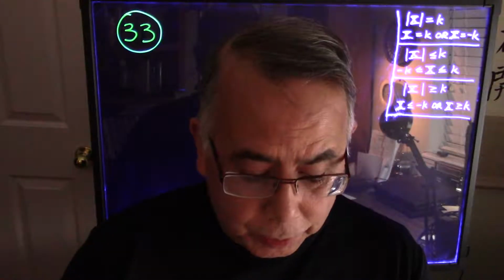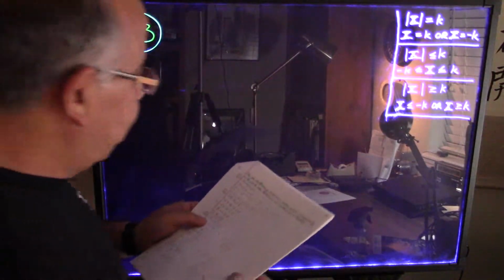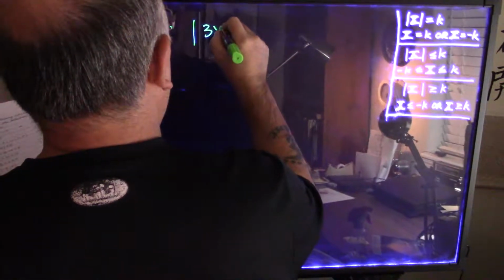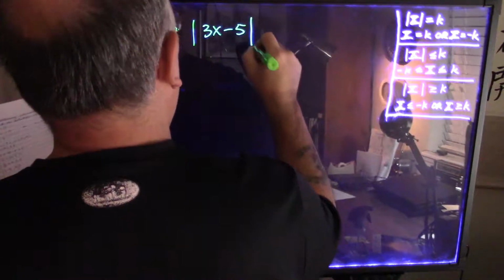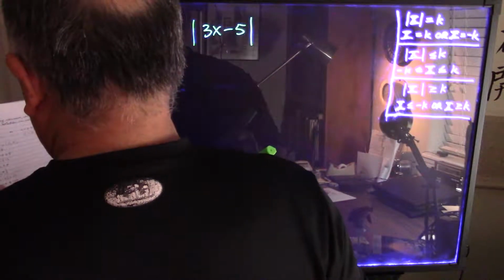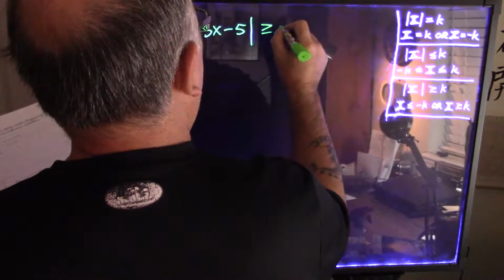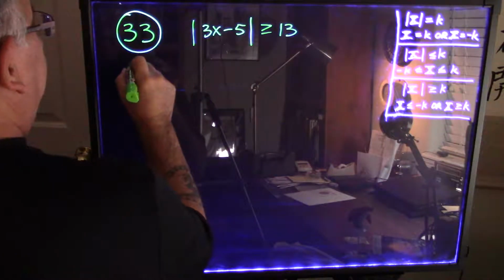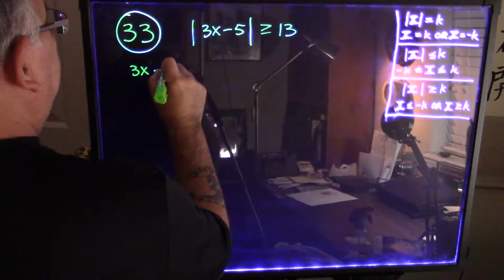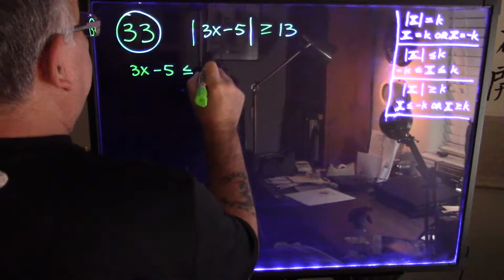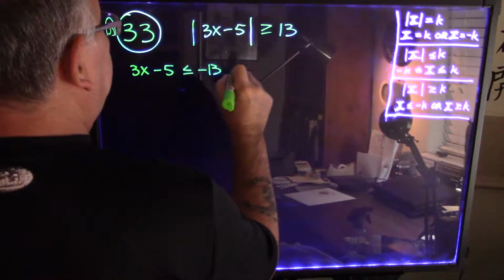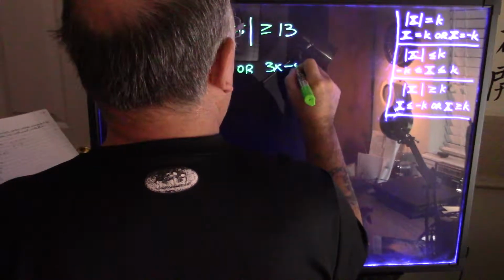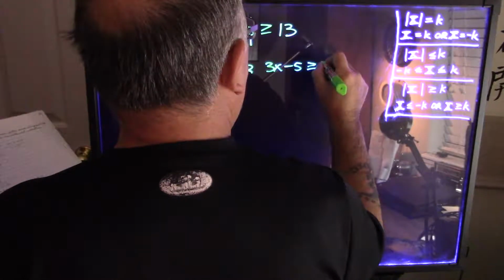Number 33. We have absolute value of 3x minus 5 greater than or equal to 13. So 3x minus 5 is less than or equal to negative 13, or 3x minus 5 is greater than or equal to positive 13.